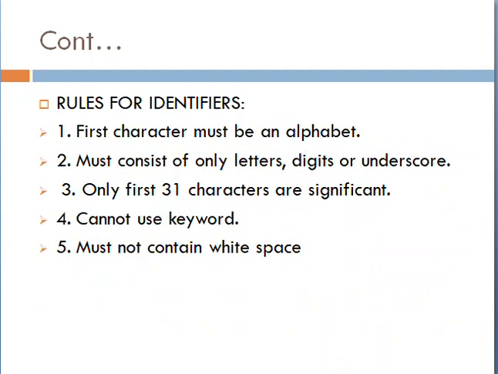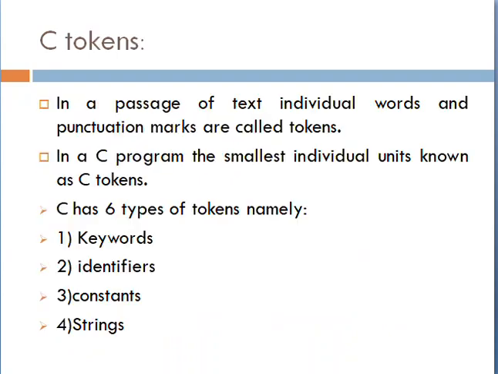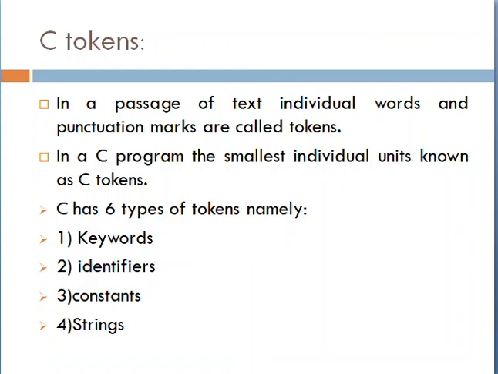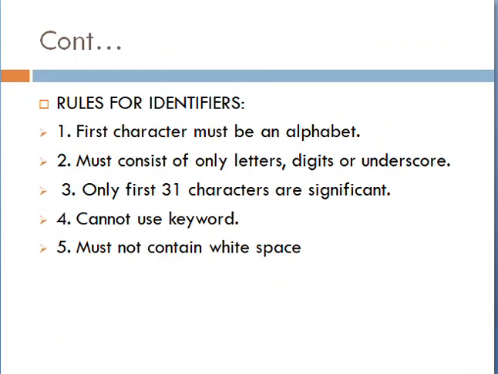The second thing is identifier. Like keywords, identifiers have some special rules. The first character must be an alphabet, and the identifier must consist of only letters, digits, or underscore.